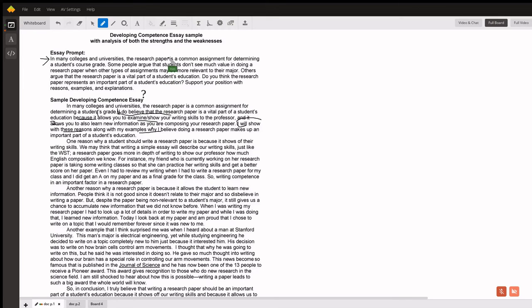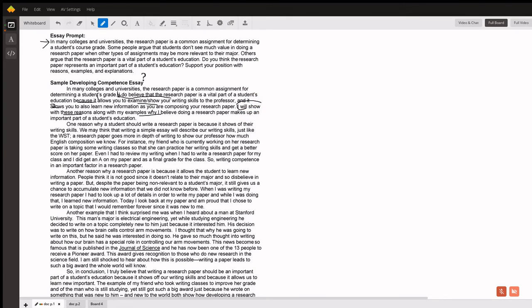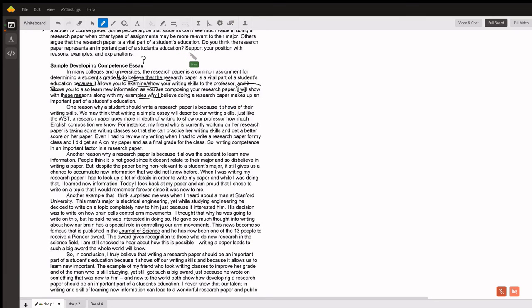A synonym would be the same meaning. So maybe an article or an essay. Research article. Right, a research article or a research essay. Something that shows the student is doing research, right? Even a research project. That could include a research paper.